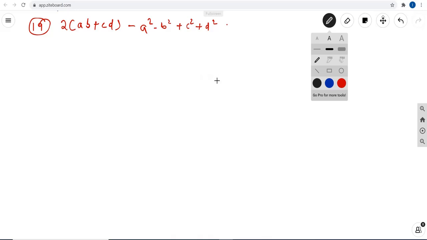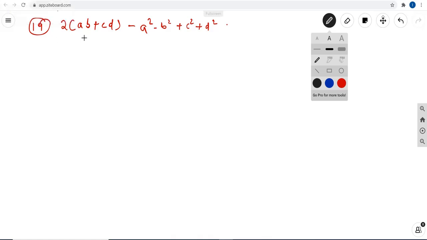First thing, observe this problem: he has given A square, B square, then C square and D square, and the term 2 into (AB plus CD). So if I multiply this, I can put it in the form of (A minus B) whole square and one more term in the form of (C plus D) whole square.